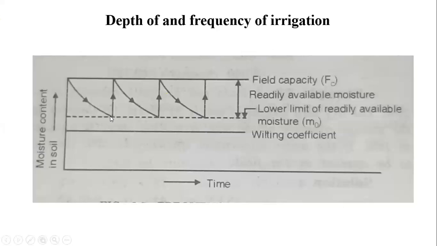Or in terms of the available moisture, when the moisture content reaches the lower limit of readily available moisture, we have to start the irrigation. The time span from the field capacity to the lower limit of optimum moisture content, after that time period we have to start the irrigation. That is nothing but the frequency of irrigation.